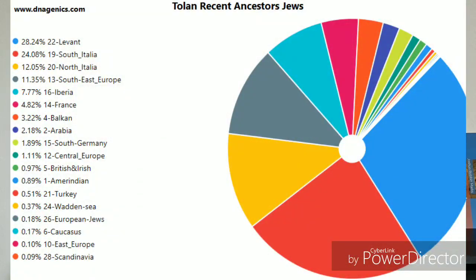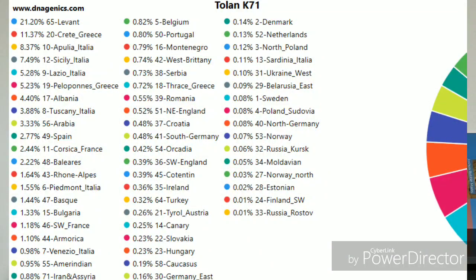And then we have Tolan recent ancestors Jews, again Levant at the top, but then very closely followed by South Italy and then North Italy, which again, in my case, and not every Ashkenazi Jew is going to be similar, I obviously have some Southern European admixture from Greco-Roman, from the Greeks and Italians. And that's also reflected in Tolan K71, which compares 71 ancestral populations.